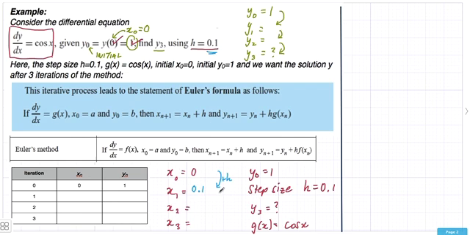That's our next x. We're moving up in 0.1 for x. So the next one, once we add another h, is going to be 0.2. The next one, after we add another step, is 0.3. So you can see here why, when we find y3, we're going to have our x being 0.3.